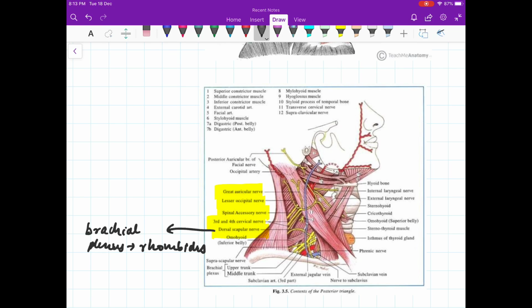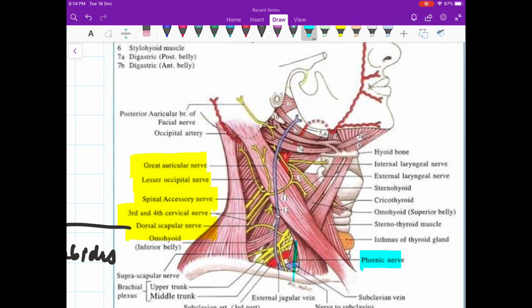And you will also see one nerve that is traveling over scalenus anterior. This is phrenic nerve.